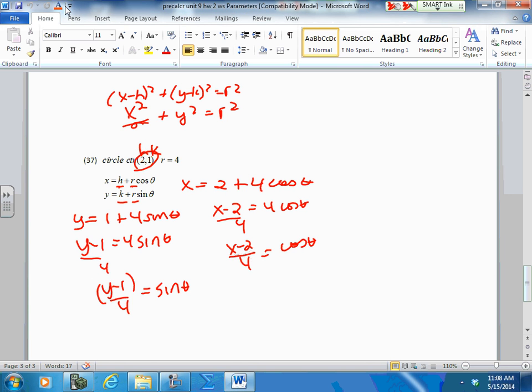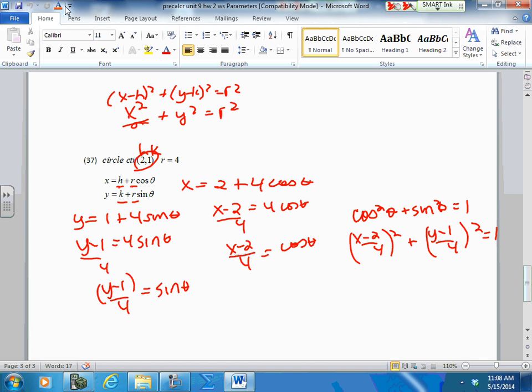So that kind of points us to a special ellipse, which would be a circle. So now, cosine squared plus sine squared equals 1. So your cosine is x minus 2 over 4 squared plus y minus 1 over 4 squared.